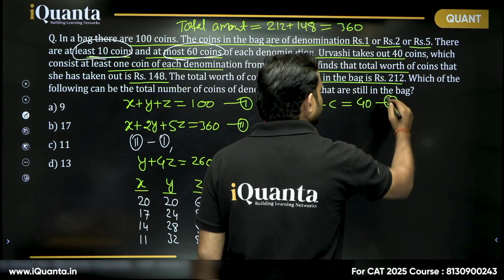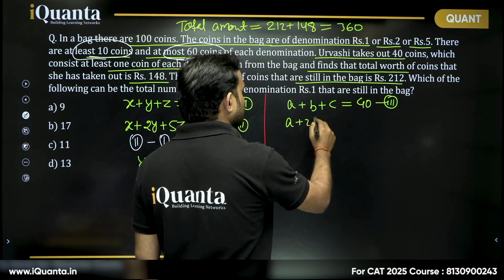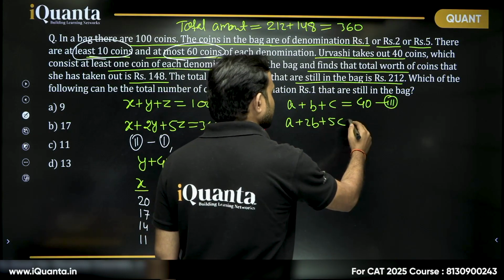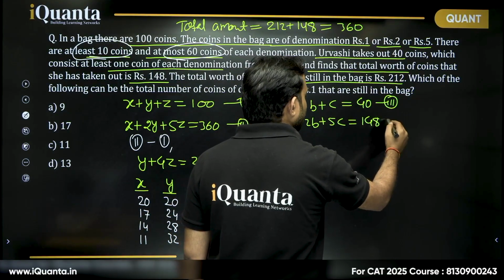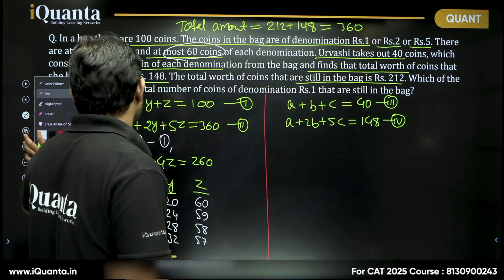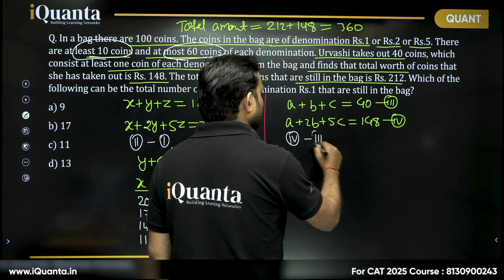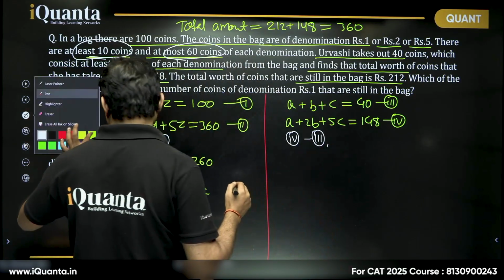Let's say this is our equation 3. What will be the total value? A plus 2B plus 5C is equal to 148. This is our 4th equation. Now once again, if I subtract equation 3 from equation 4, what are we getting?